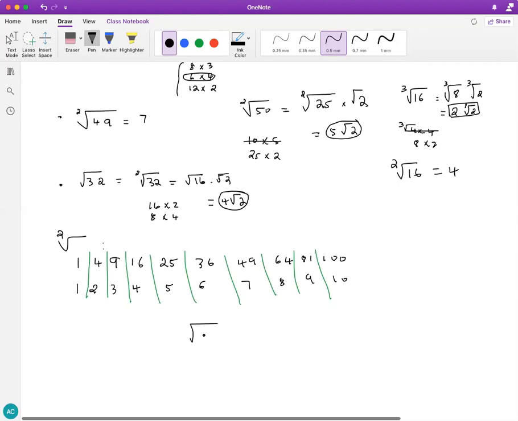What about this one here? Do we know the square root of negative 84? It's not one of the common ones. So what do you do here?